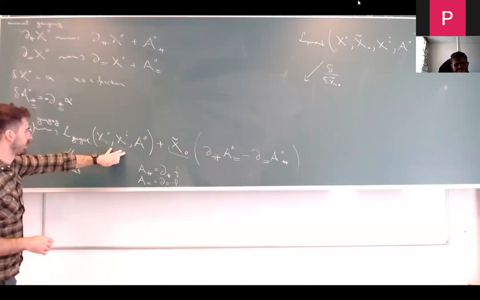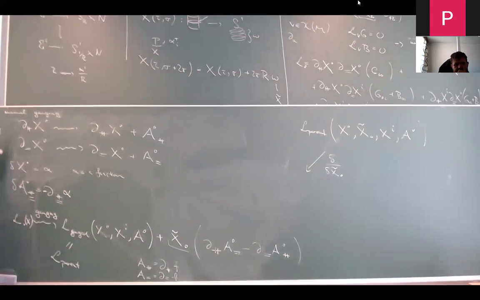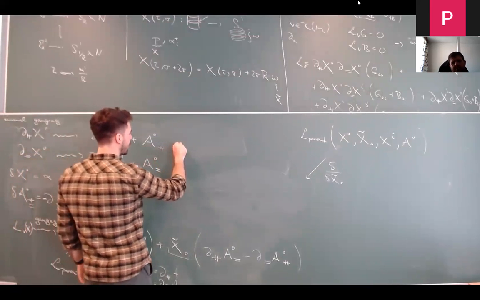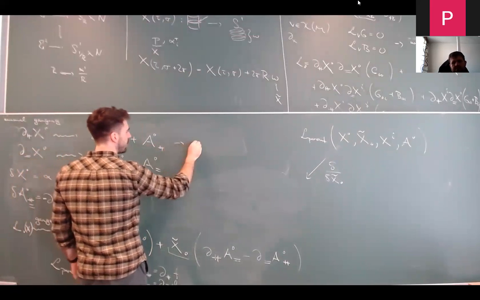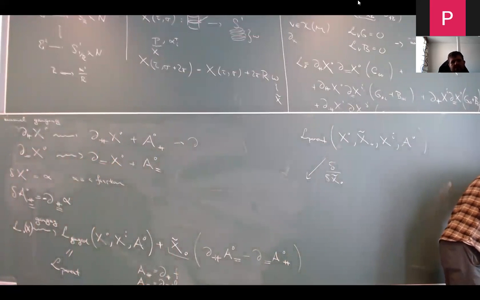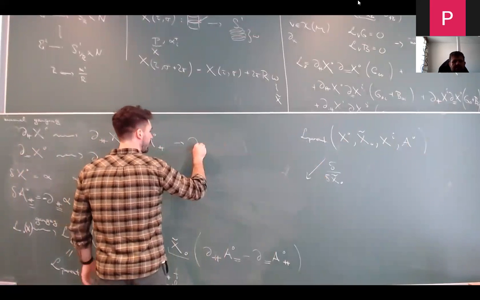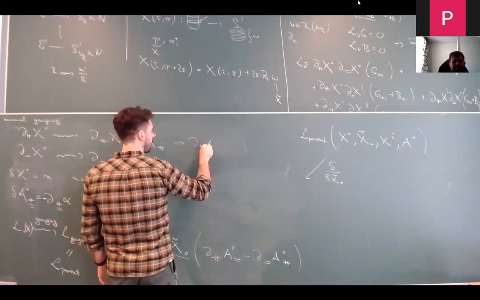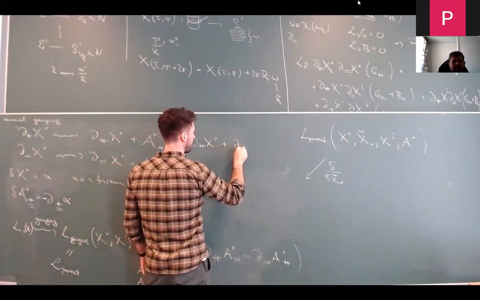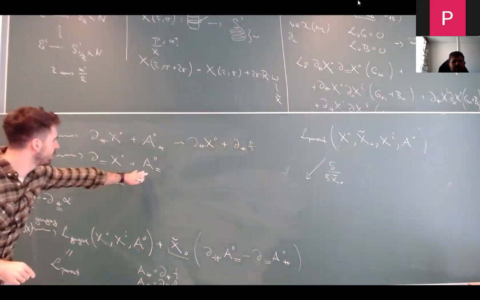If I plug it back here, the only way it entered was in these covariantized derivatives. I'll just explain for the plus direction, and the same for the other one.